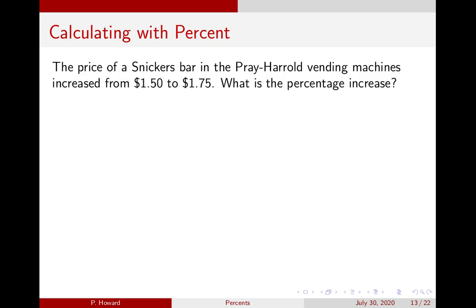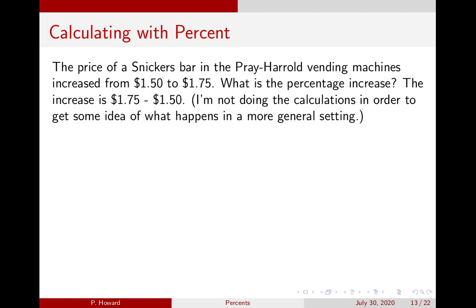Okay, let's try applying that formula. The price of a Snickers bar in Pray Harold vending machines increased from $1.50 to $1.75. What was the percent increase? Well, forgetting about percentages for a minute, the increase is $1.75 minus $1.50.